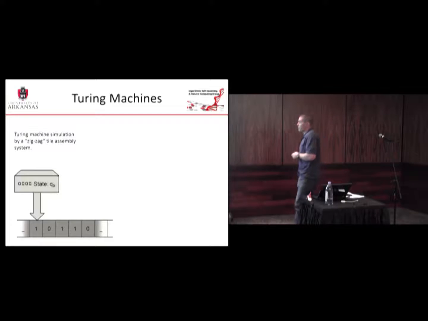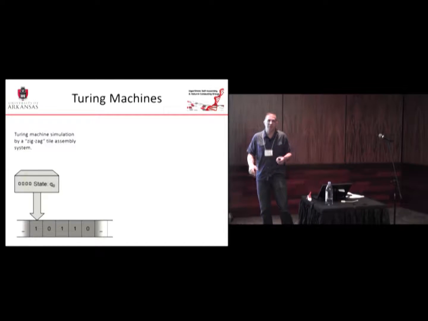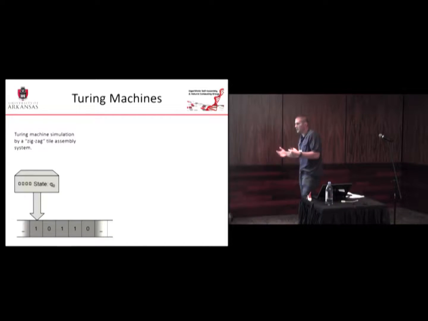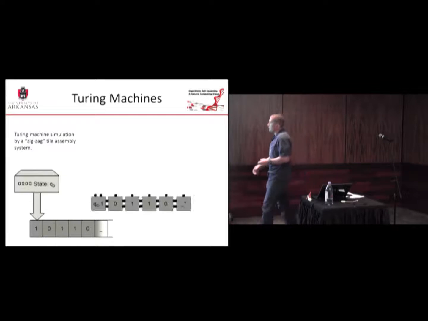So now to talk about how the model is actually computationally universal and how we can get it to compute algorithms, let's see how we can simulate a Turing machine. For ease, I'll just simulate a Turing machine with a one-way infinite tape. We have our initial tape, our input, and then we assume it's infinite off to the side.